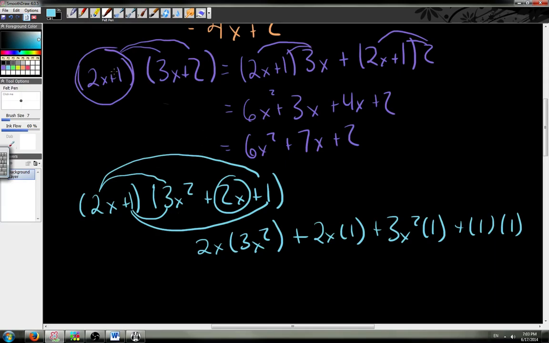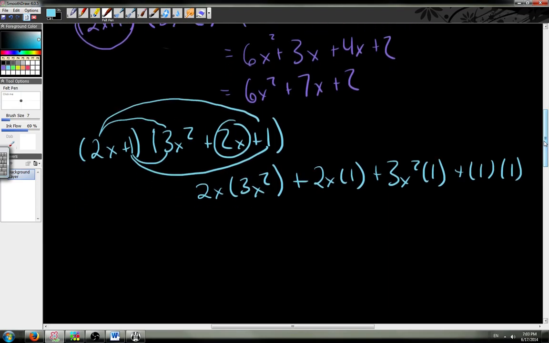But really, if we teach students that it's just a distributive method, they can extrapolate this to here. They could most certainly be like, oh yeah, this is just the distributive property again. So I have 2x plus 1, 3x squared plus 2x plus 1, and they can extrapolate this idea to this problem.